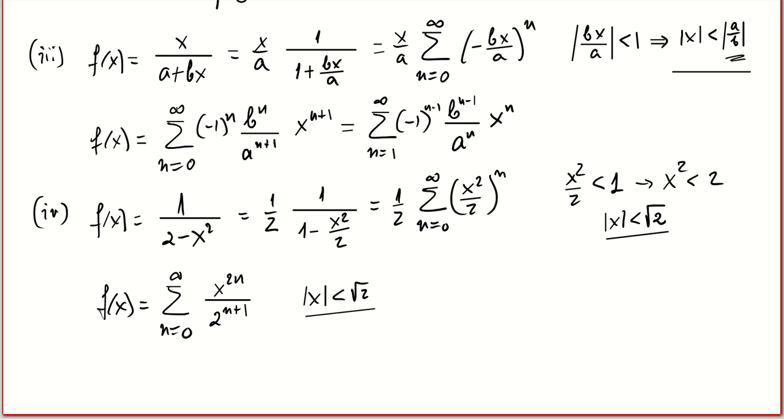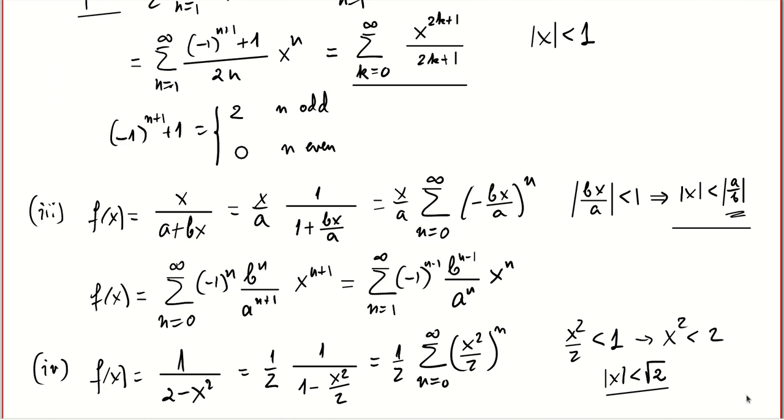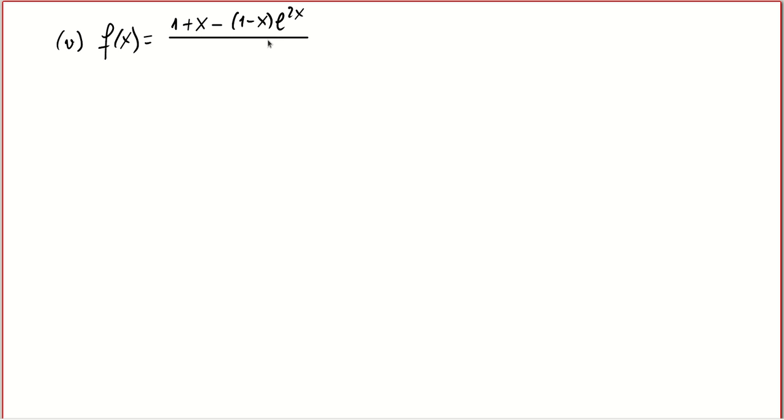Okay, the last one, the fifth, is this expression here: 1 plus x minus 1 minus x times the exponential of 2x, over the exponential of x. And again, there is a sort of trick here. Do not try to do this in the way it's written, but in a different way, which is simpler.